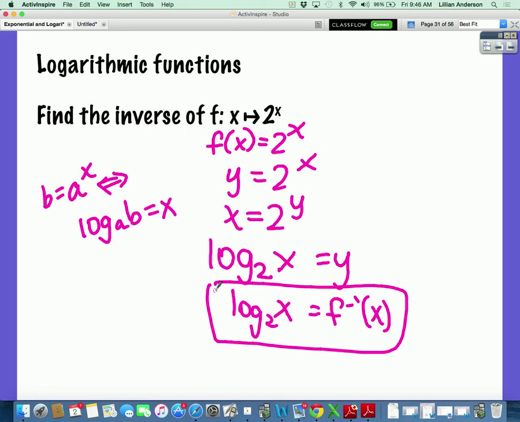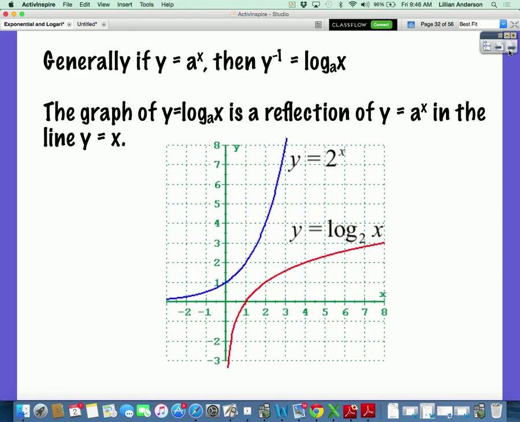So realize that exponential functions and logarithmic functions are inverses of each other. Remember that inverse functions reflect over the line y equals x.